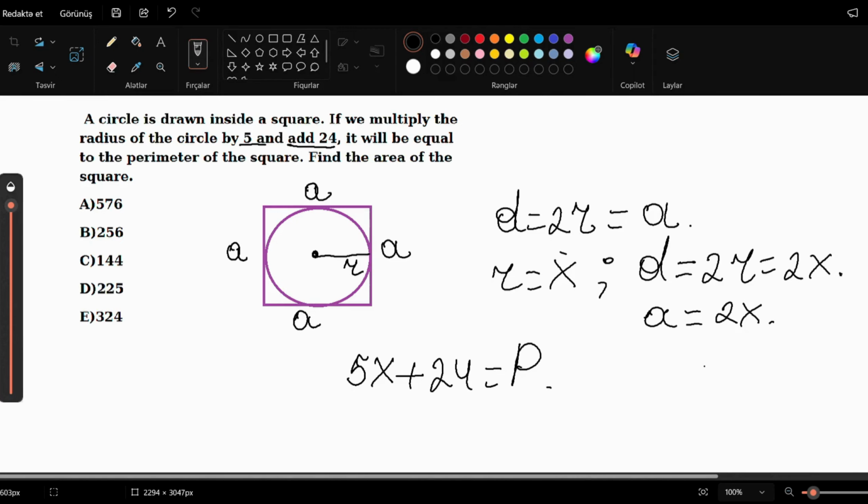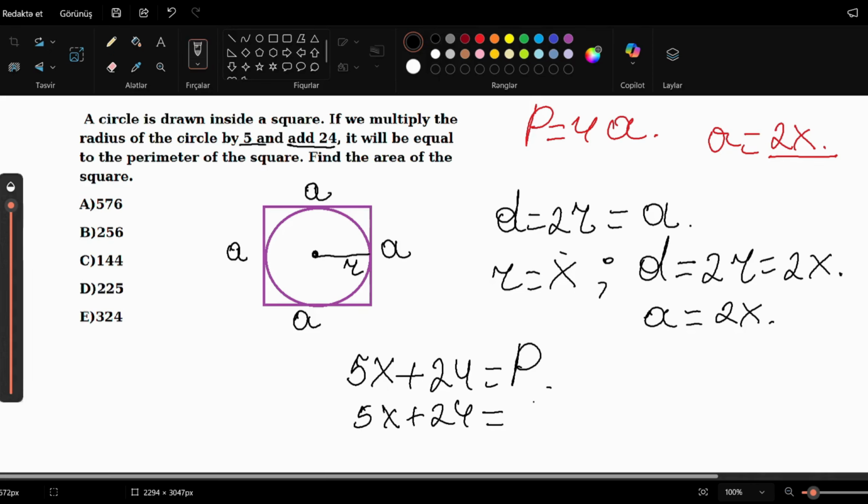Formula for the perimeter of the square, P equal 4 times A. A equal 2x. And 5 times x. Add 24 equal 4 times 2x.